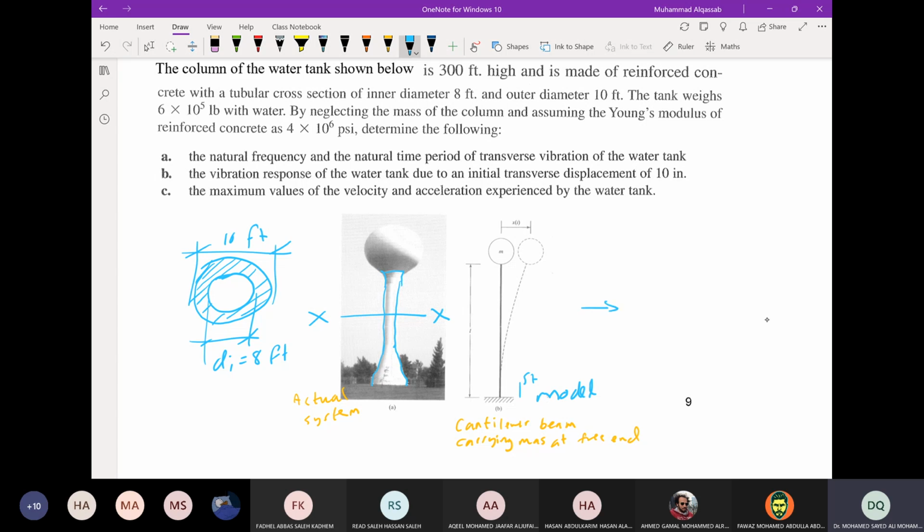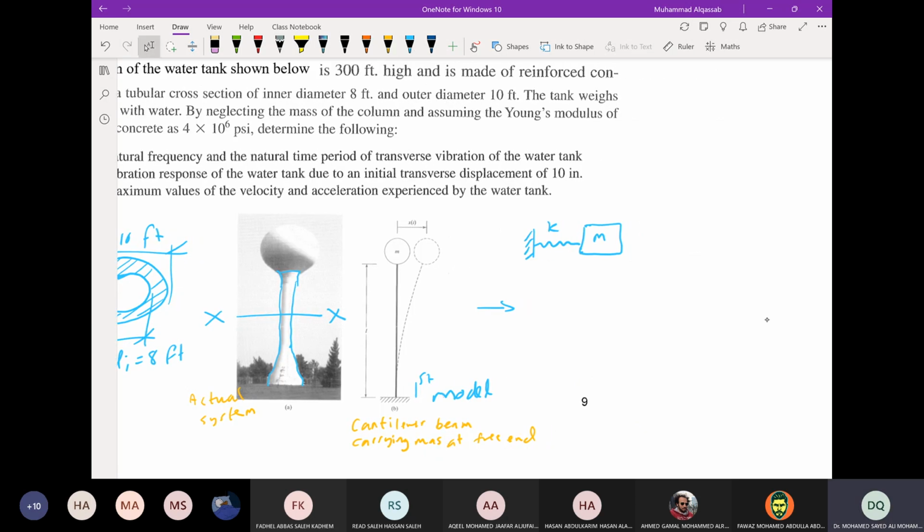The second model is a spring and mass. Now, the difference between this system and what we did last time is that there the spring was vertical and the mass was hanging.